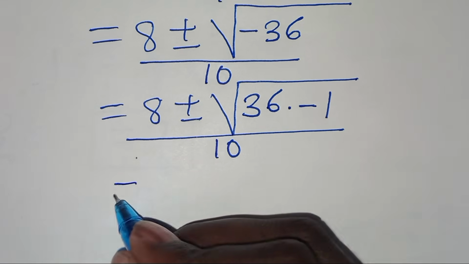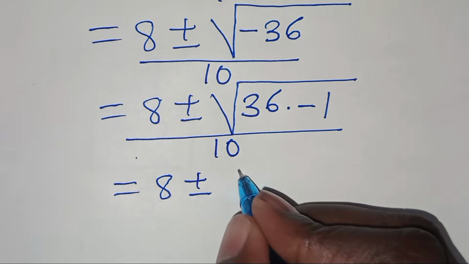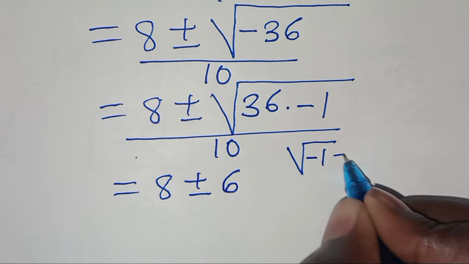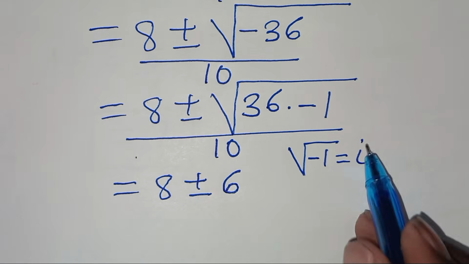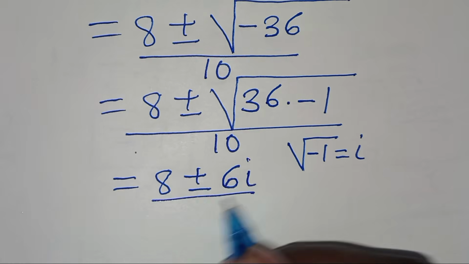So here we have 8 plus or minus the square root of 36, this is equal to 6. Then the square root of negative 1 is equal to i. So we have 8 plus or minus 6i divided by 10.